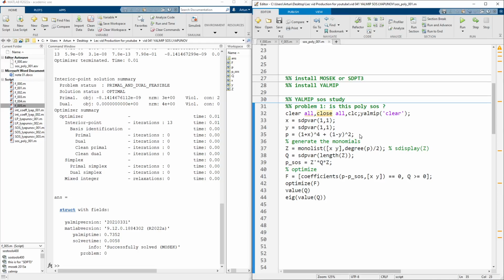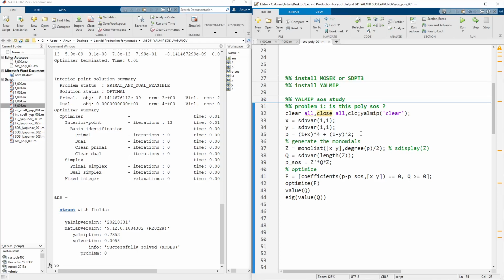You just cannot directly say P is a positive polynomial at this stage, but P is at least positive semi-definite. P is greater than or equal to 0 for any x and y values.